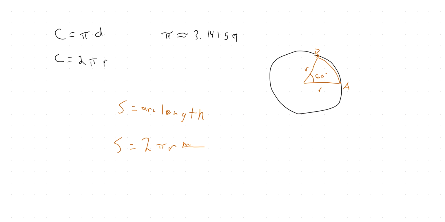The measure of arc AB, in this case 60 over 360, which is 1/6, times the circumference.